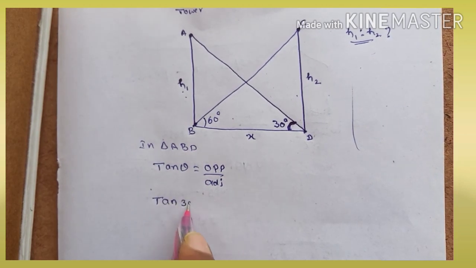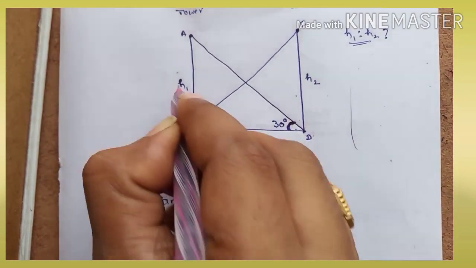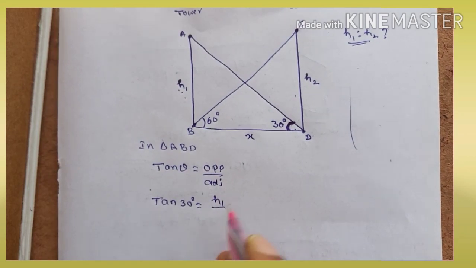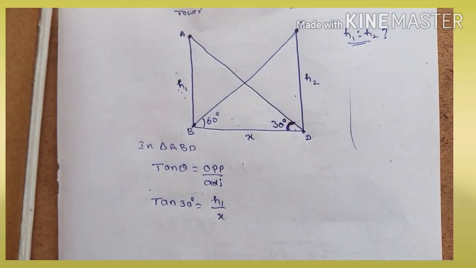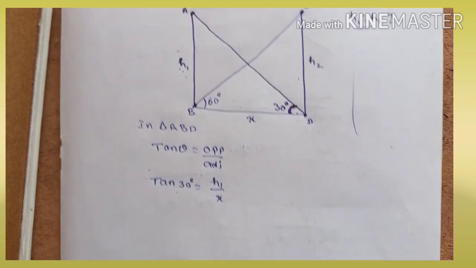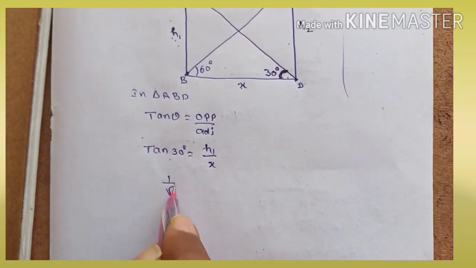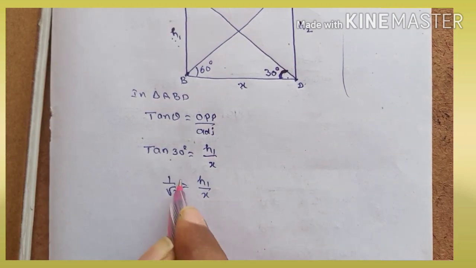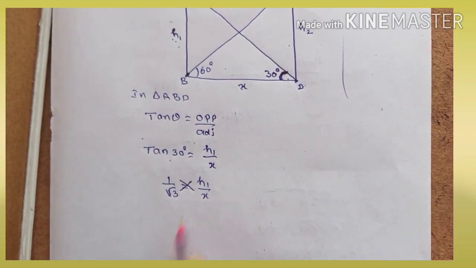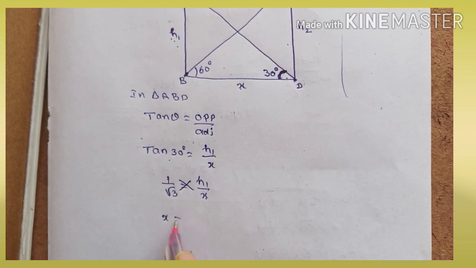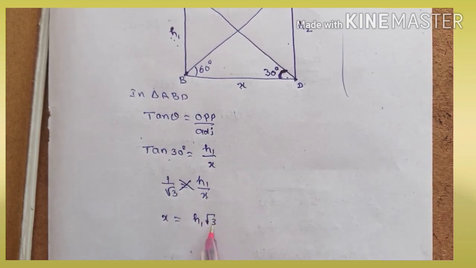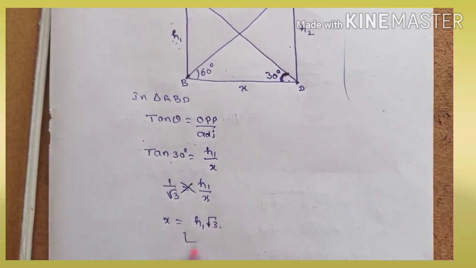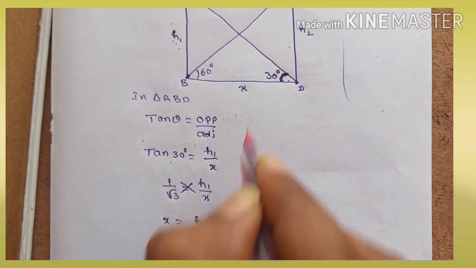Tan 30 is equal to 1 by root 3, which is H1 by X. Apply cross multiplication. So the value of X is equal to H1 root 3. Let it be equation 1.